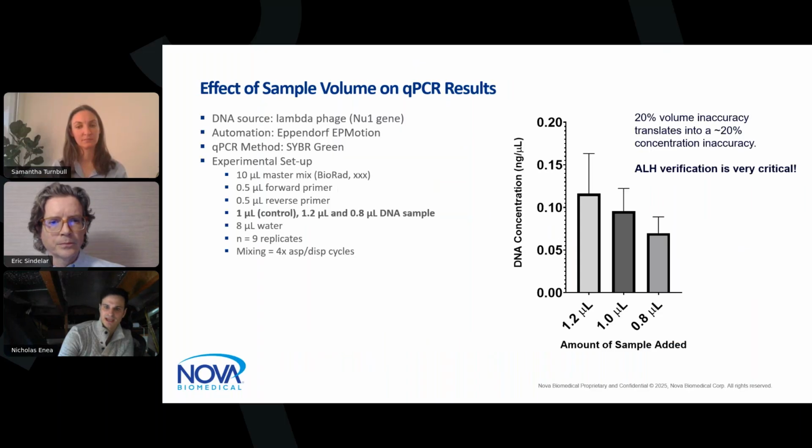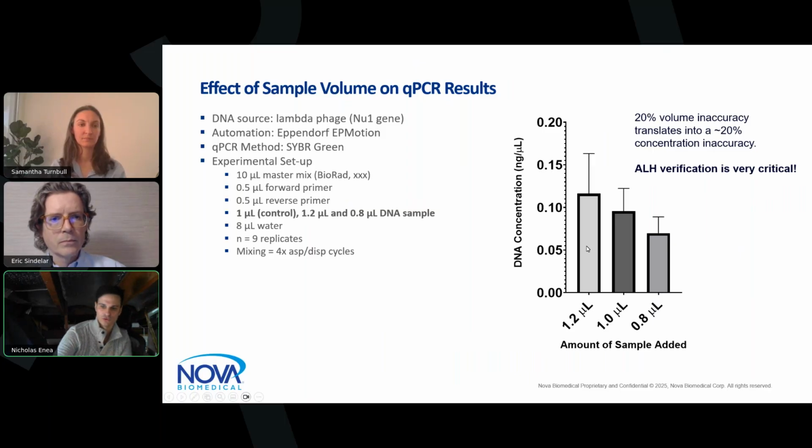Now, getting back to a couple more examples, here is a qPCR genomics workflow. In this specific example, we were looking at the setup with a SYBR Green assay. The control for us was around 1 microliter, but if you were off by 20% with your volume, it would result in 20% inaccuracy.